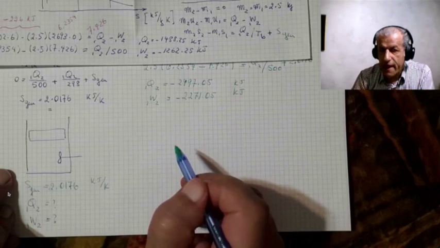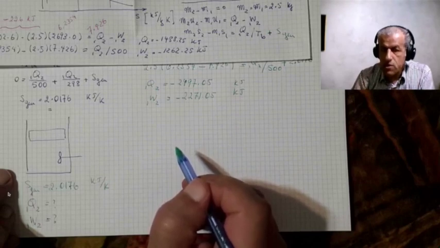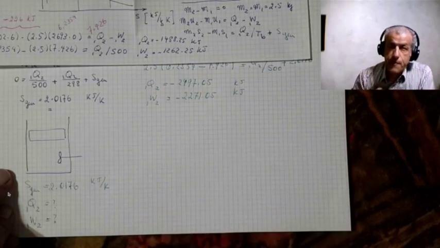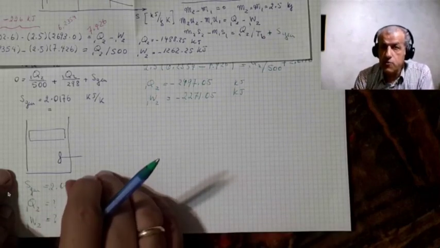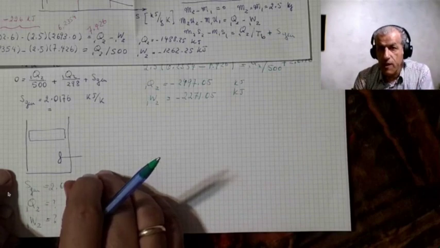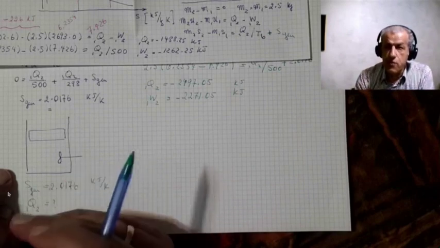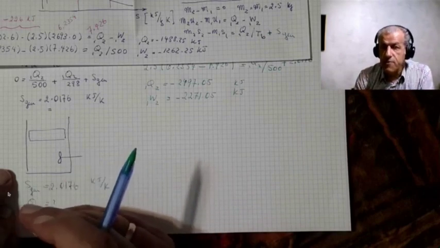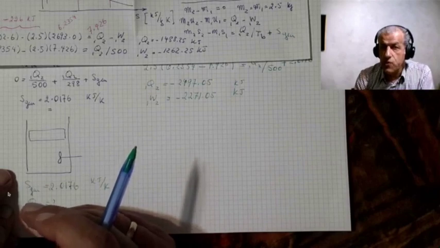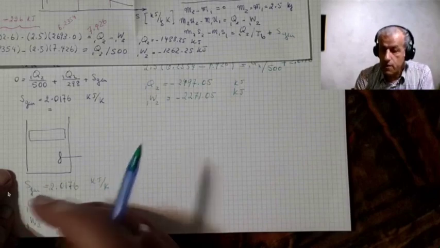And this is a pattern which we shall discuss later on in more detail. It means that if the work is to be negative, reversible process would require minimum work.